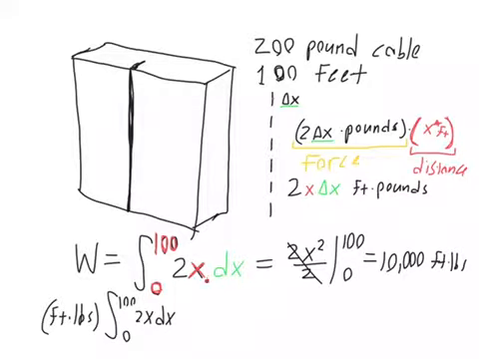And the 2x refers to the distance that each actual finite length piece moves if they are finite pieces.